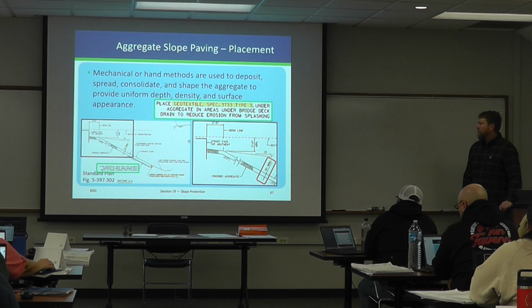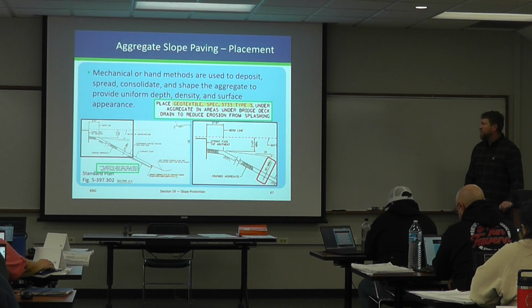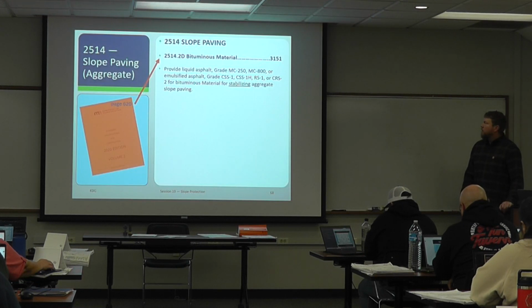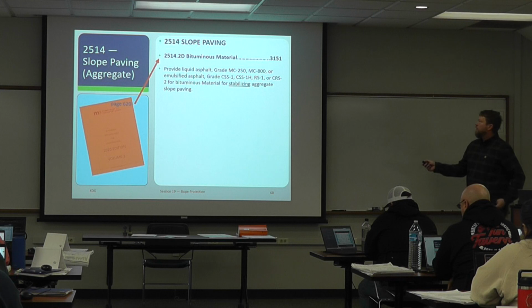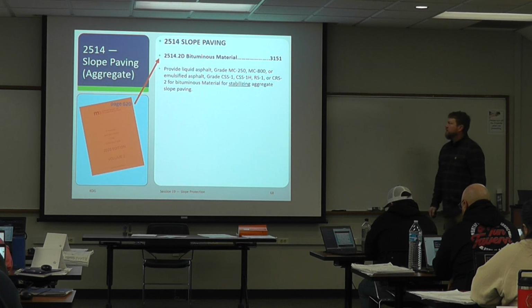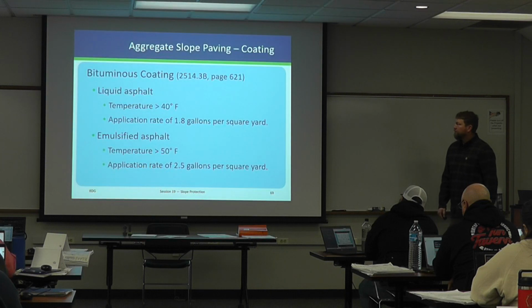So here's the minimum thickness for aggregate slope paving: 6 inches, which corresponds with the 6 inch 2x6 on the side. Once the aggregate's placed, it needs to be stabilized by bituminous. There's liquid asphalt with a couple grades and then an emulsified version, and again, that's to stabilize the aggregate.